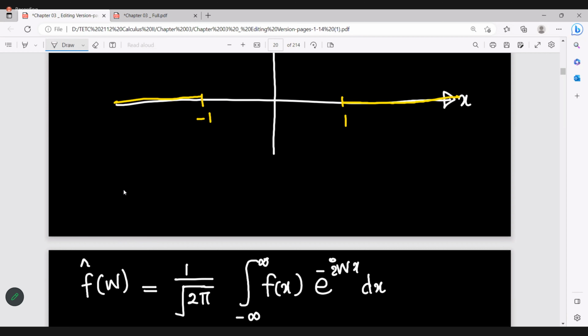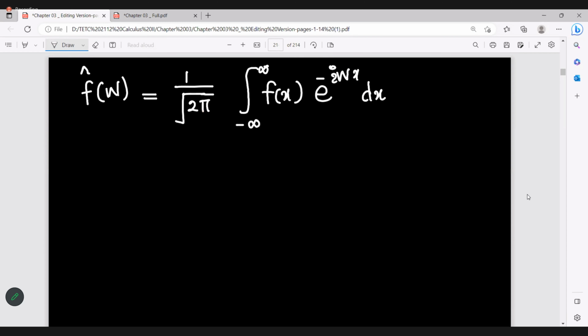And here we can see that we can divide this x-axis into 3 pieces. Starting from minus infinity to minus 1, minus 1 to 1, and what is the remaining piece? 1 to infinity. So we are dividing this entire x-axis into 3 pieces. So that means we can divide this integral also into 3 pieces.